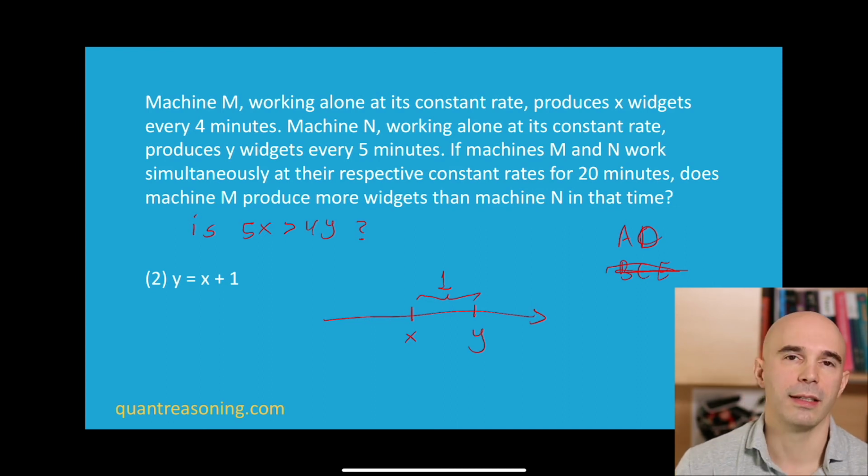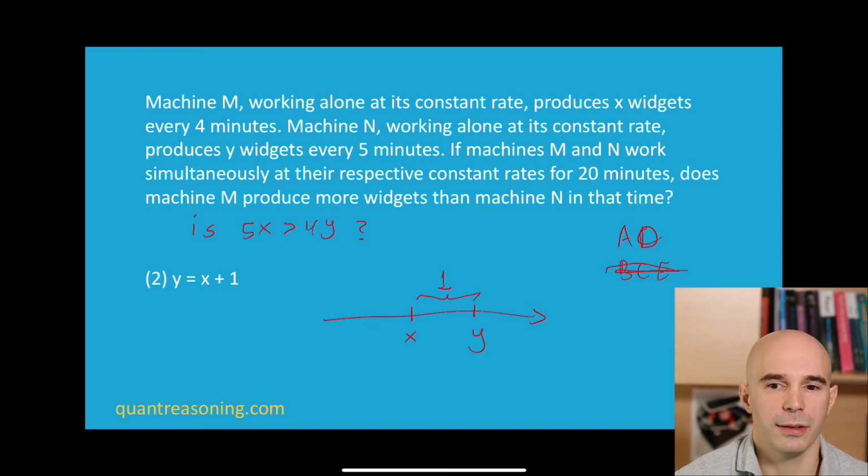It's asking, is 5 times x's distance from 0 more than 4 times y's distance from 0? That's what happens when you're multiplying. And knowing how far apart they are couldn't possibly be sufficient. However, we have to be extra careful here because x and y represent widgets being made in some kind of factory, which means we have two constraints on x and y.